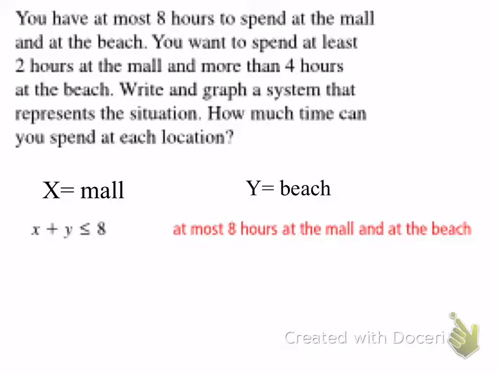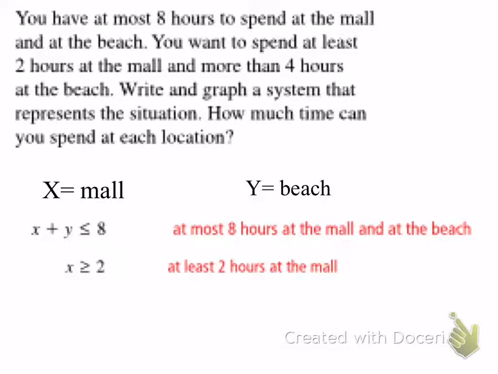Next, they give us restrictions. Our restrictions are that we want to have at least 2 hours at the mall. So that's just X, has to be greater than or equal to. At least means it could be 2, it could be 3, it could be 4, so greater than or equal to.